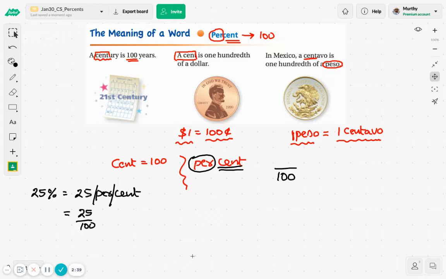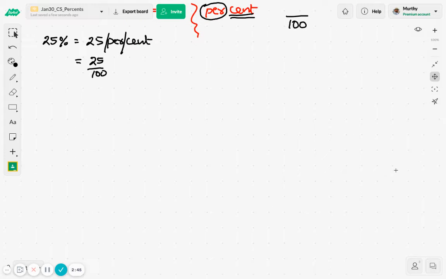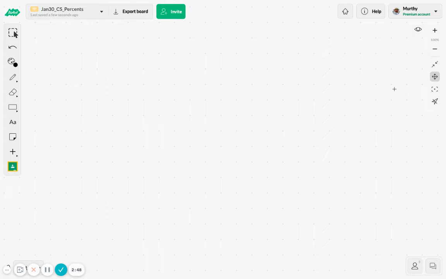So why do we use percent? The reason is, in case you are given, let's say, two fractions. An example is let's say that you got maybe in English literature 17 out of 20, and in math you got maybe 22 out of 25 points.